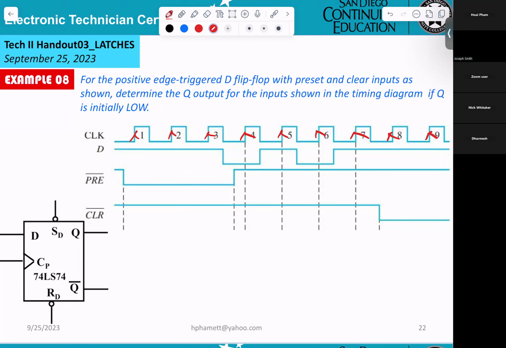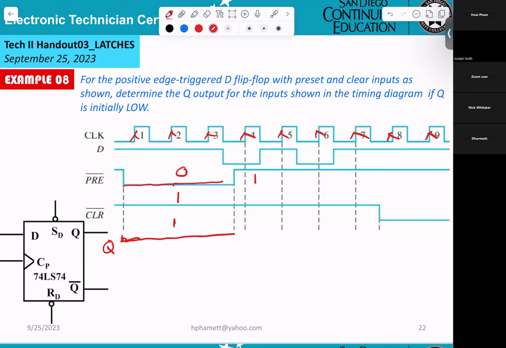You get a preset of 0, clear is 1. So the output Q will be 1, because preset is 0. Now you go to the next one here.